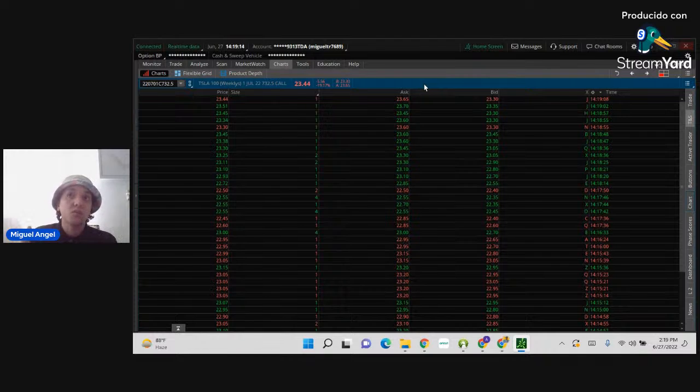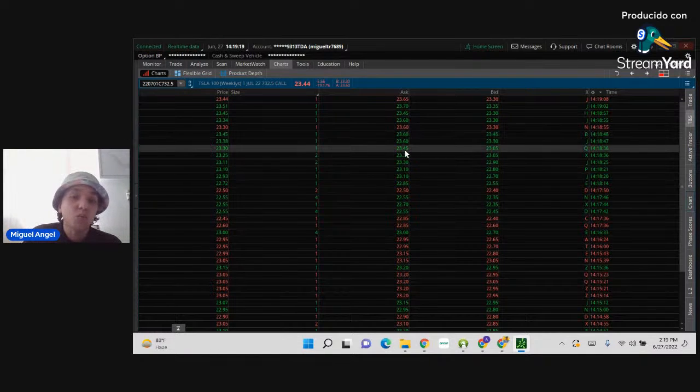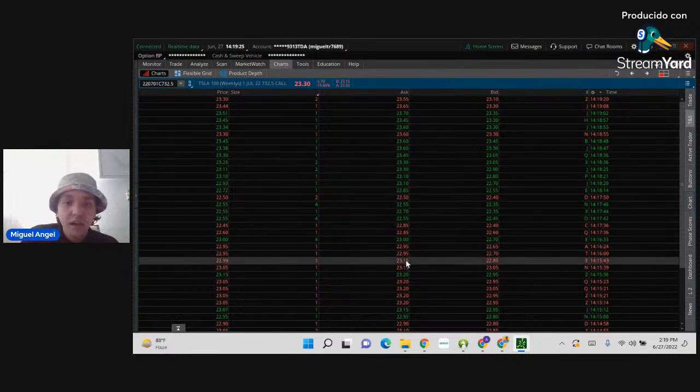We want to know if it was the seller or the buyer. In this case, green lets us know that the buyer was more aggressive than the seller. But here in this contract, we see that the seller was more aggressive than the buyer. That's why we see red.